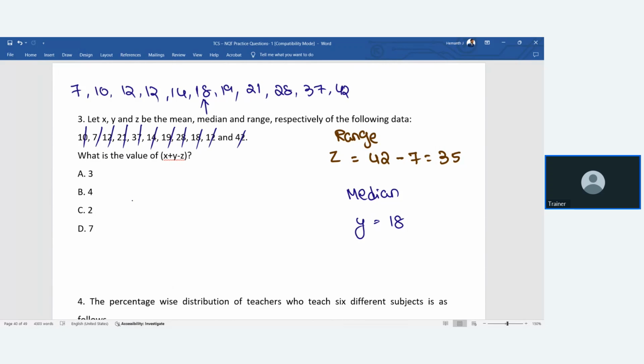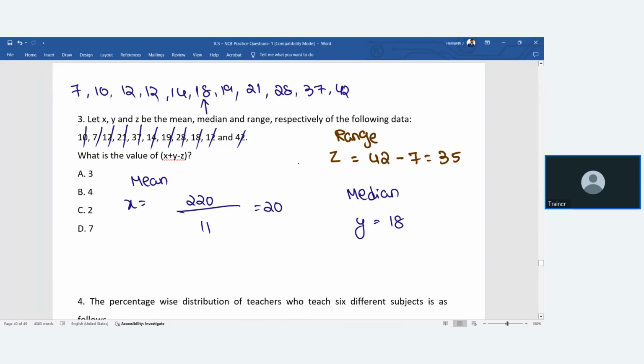Now finally the x value. X is the mean: sum of terms divided by number of terms. As the virtual calculator is allowed, you can just go for adding those values. Or some of you may be more convenient doing it directly, like okay sir, 18 and 12 is 30, 28 and 42 is 70, 30 and 70, 100. 100 plus 14 and 19, 33, 133 plus 37, 170 plus 33, 203 plus 17, we got 220. 220 divided by 11 is 20.